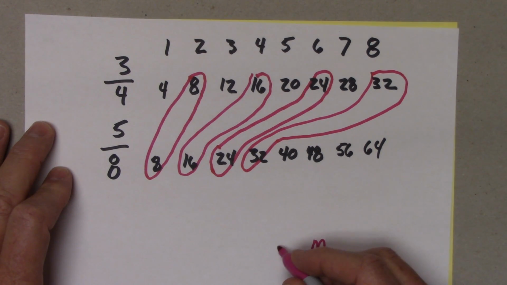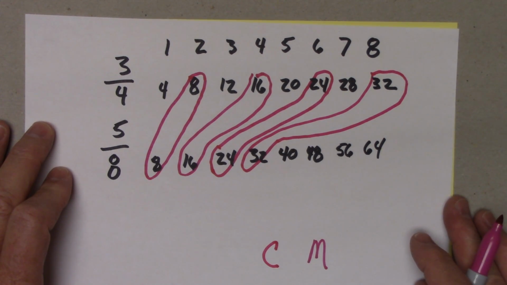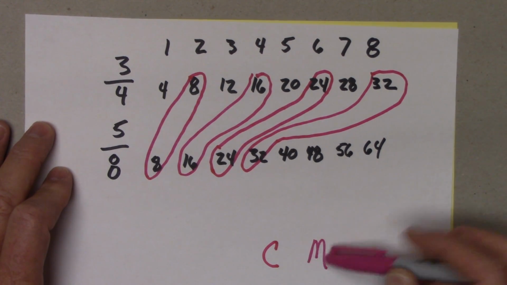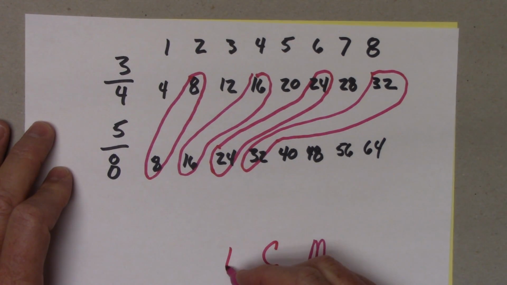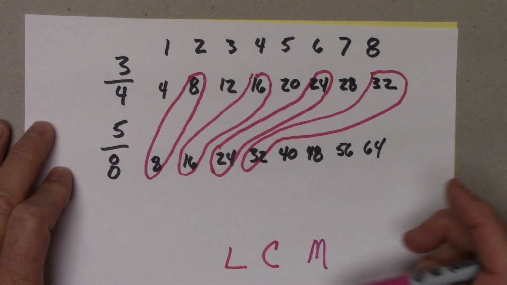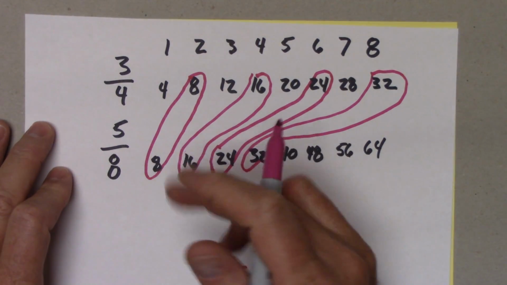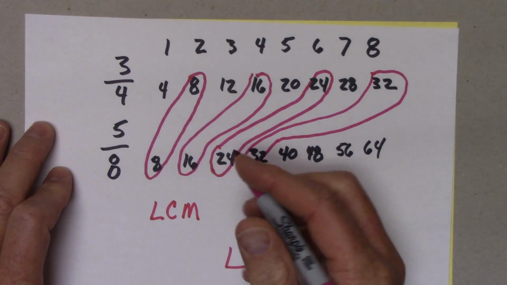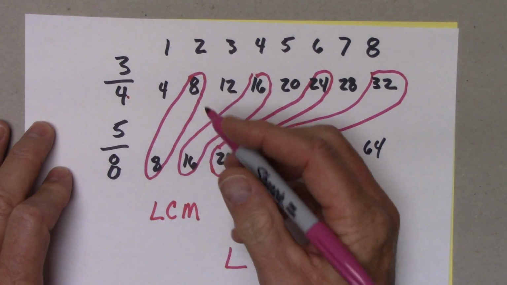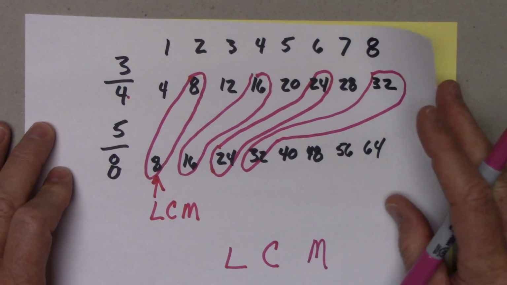So that takes care of the C in our LCM, common multiples. Now what we want is the least common multiple. And that one is the very smallest number. The least common multiple, or the LCM, for 4 and 8 is 8. Okay?